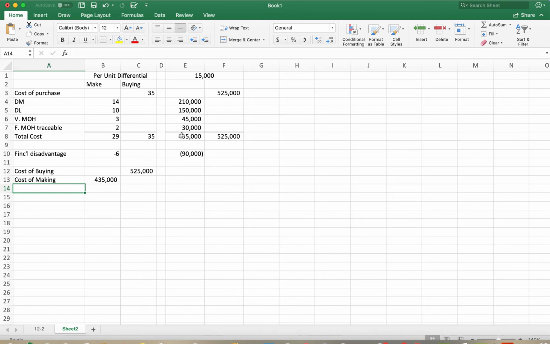Now we have this opportunity cost. It's what we give up to get something. If we decide to make our carburetors, what are we giving up? We're giving up $150,000 of segment margin. So I'm going to put that underneath the make section, 150,000.